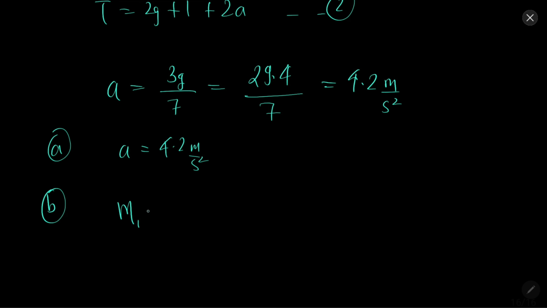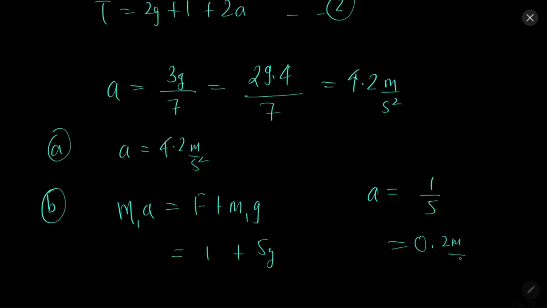So for that m1a is F plus m1g, so it will be 1 plus 5g, which will give 5g plus 0.2. So ultimately what we will have is 1 plus 5g. So acceleration will become 1 over 5, that is 0.2 meter per second square.